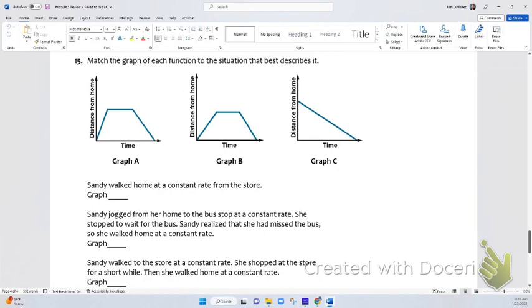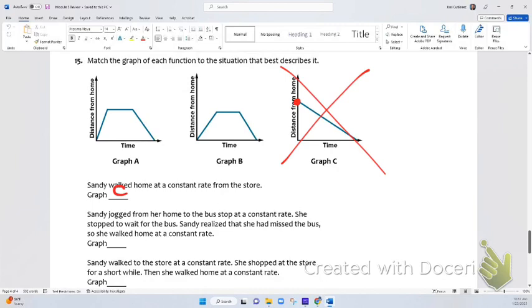So she's at the store and she's walking a constant rate back home. The only one this one can be is letter C. Okay, so she's away from home, she's at the store, and then she's just simply walking back home, which is why it's a constant rate, a line just going straight down. I'm going to eliminate that one just so we don't try using it again.